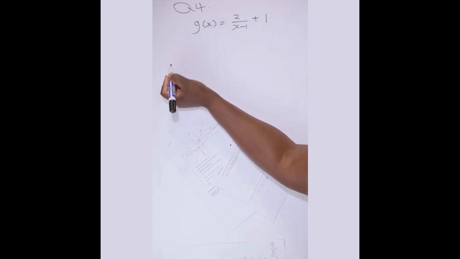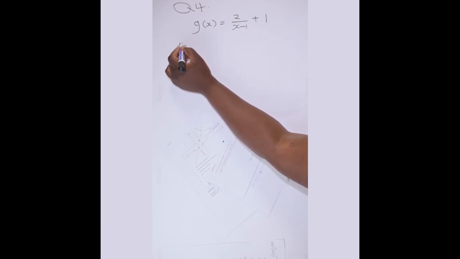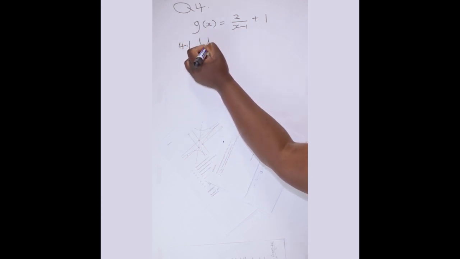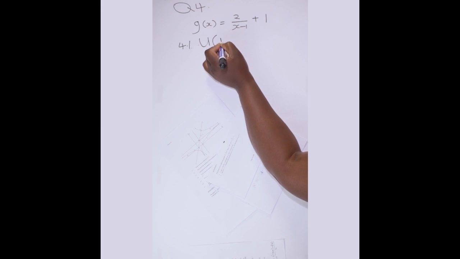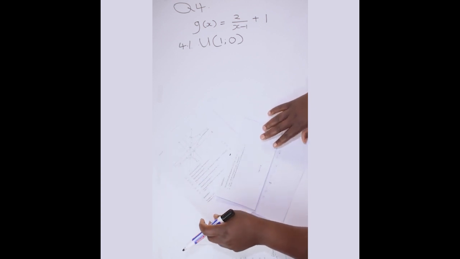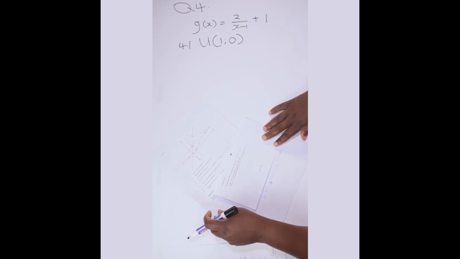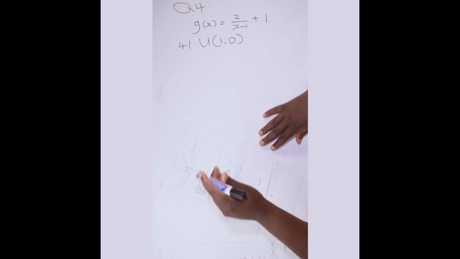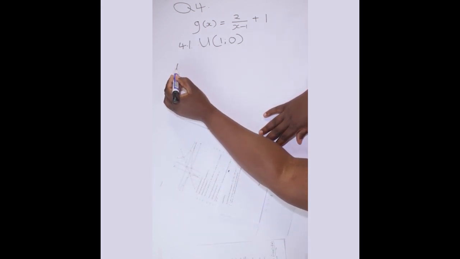So therefore, the coordinates of u are 1 and 0. 0 is just because it's on the x-axis. Remember, the x-axis is the line whereby y is always equal to 0. Okay, that's 1 mark. It's pretty clear and straightforward.